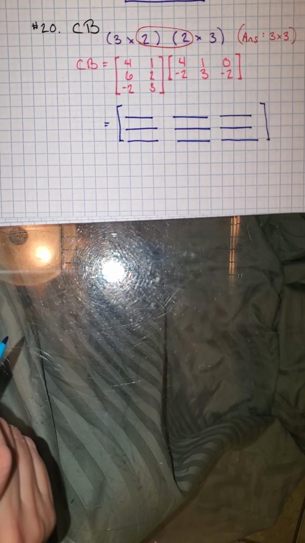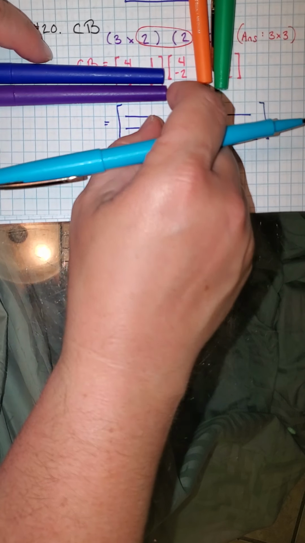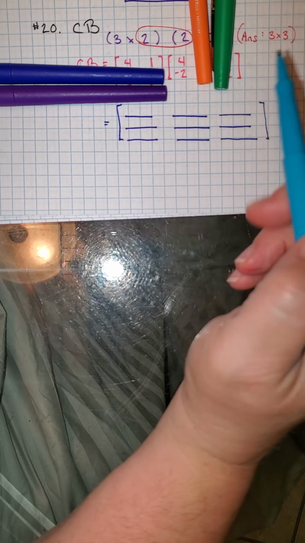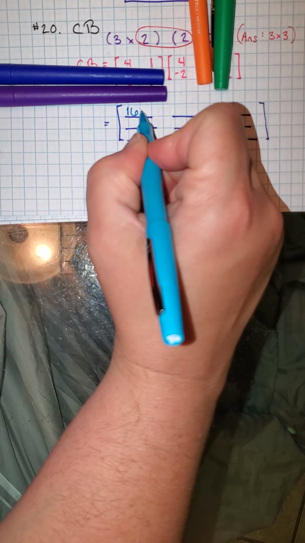Alright, so I'm going to do that first row with the first column. So first row with the first column: 4 times 4 is 16. 1 times negative 2 is negative 2.